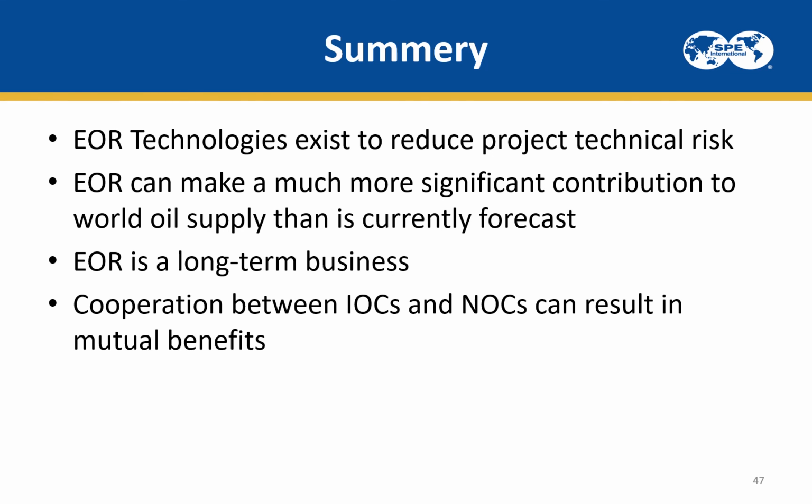EOR is a long-term business, and it's very important to have cooperation between international operating companies and national oil companies. So this will result in mutual benefit between international and national companies and for the countries.